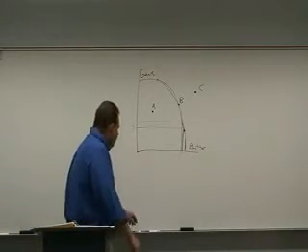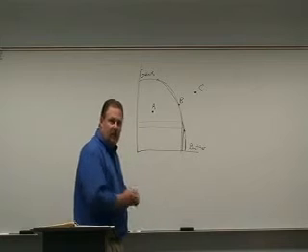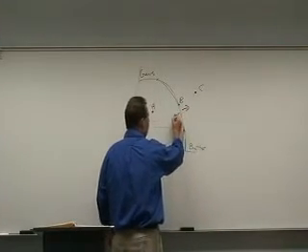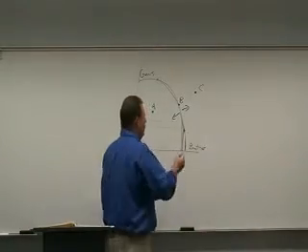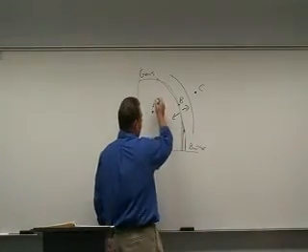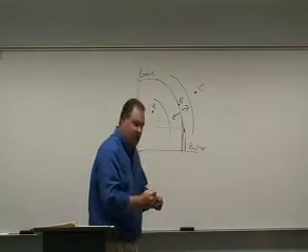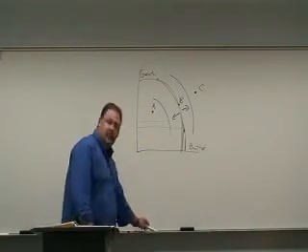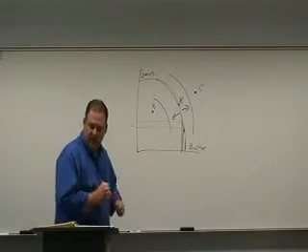Now, this curve is also able to be moved. It can move in either direction. That curve shifts out, and that curve can shift in. Two things decide where it's moving.